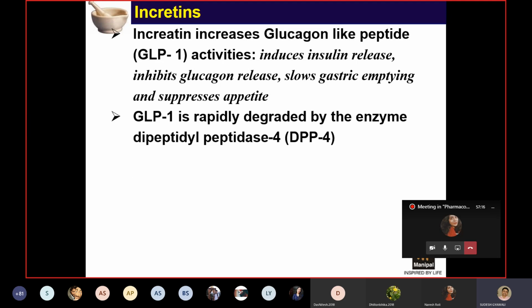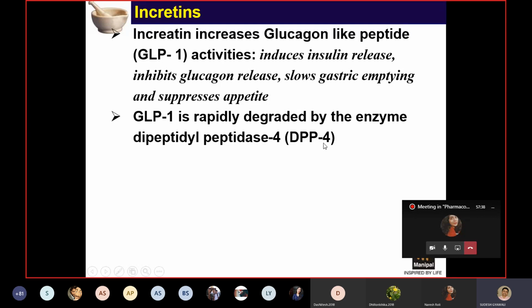So in incretin, glucagon-like peptide is rapidly degraded by the enzyme dipeptidyl peptidase, DPP.